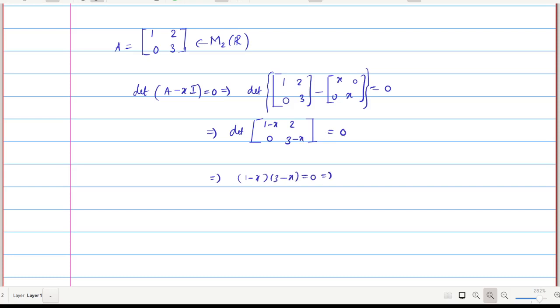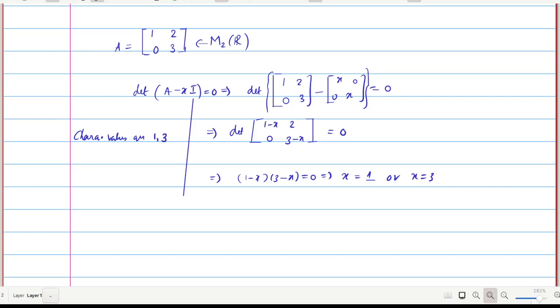So this implies x equals 1 or x equals 3. This shows that there are two values of x which satisfy the condition determinant of A minus xI equal to 0. So the characteristic values are 1 and 3.